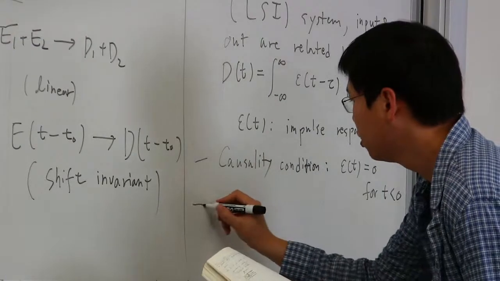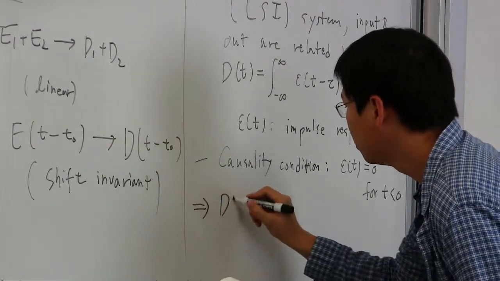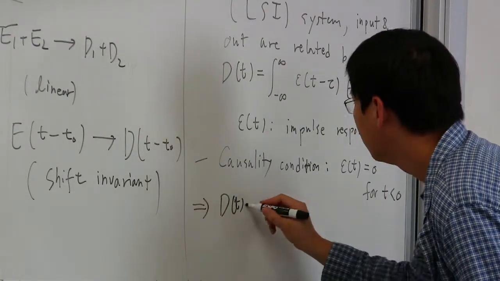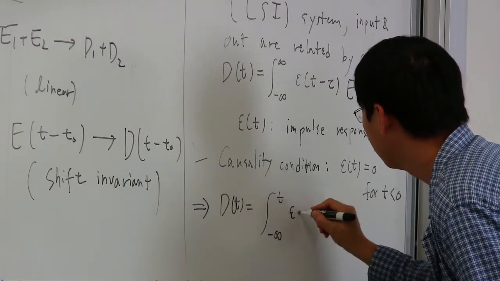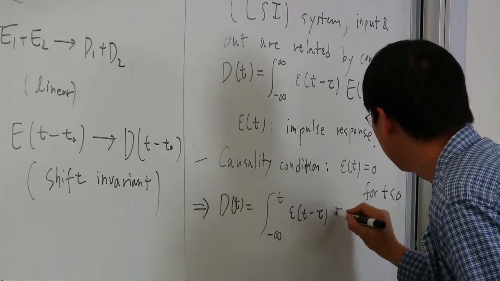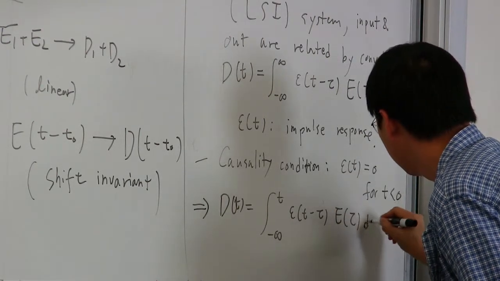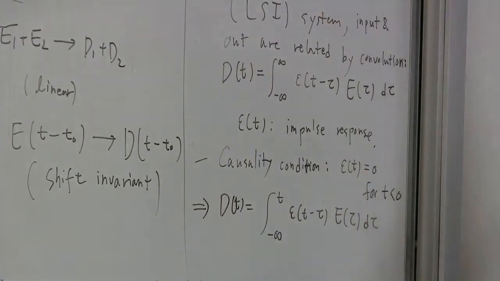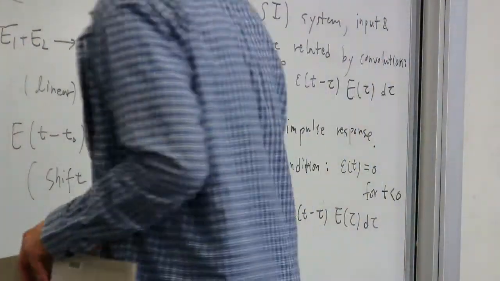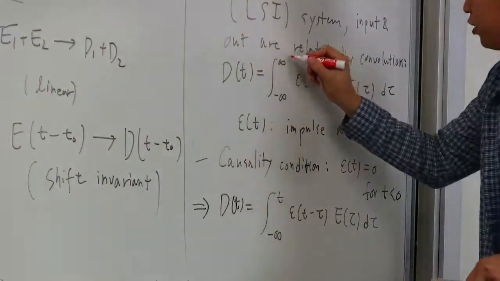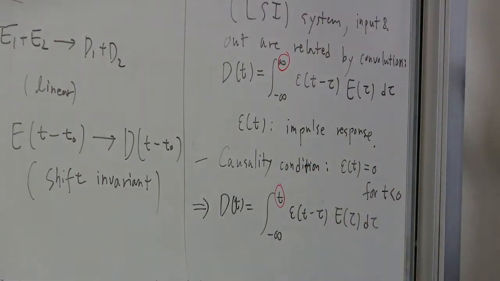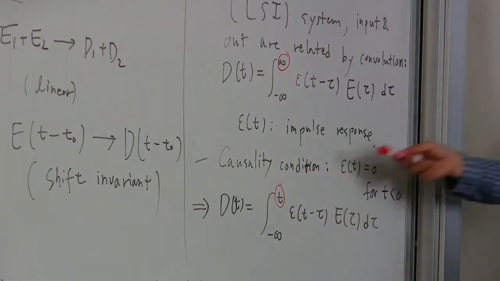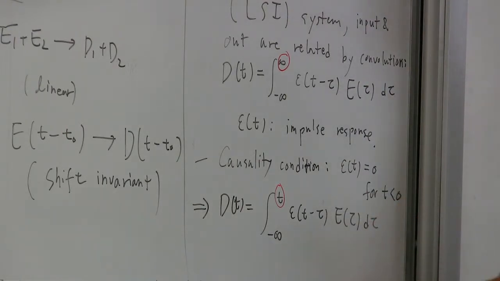So your D(t) is then given by an integral whose limit changes from minus infinity to t.